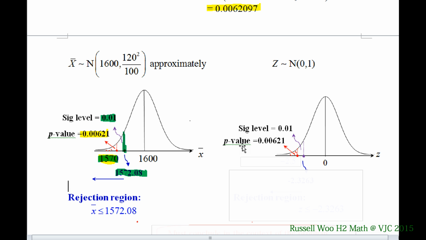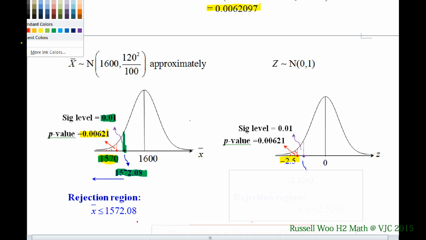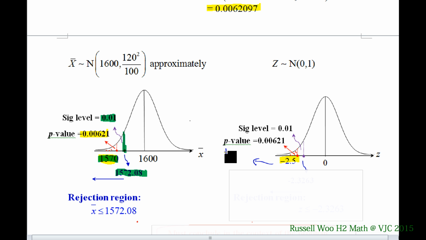Alternatively, if you use the test statistic Z, you could have decided using this value. How do you get this value, 2.5? It is actually x bar minus 1600, 1570 minus 1600, divided by 120 over square root 100.